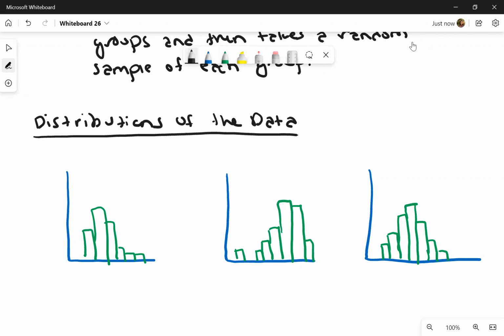This first one is called skewed right. So that means that there is data that is causing the distribution to kind of pull out on the right side, have this kind of right side tail. The data over on the right side is kind of skewing the data to the right, making the population look off-centered.